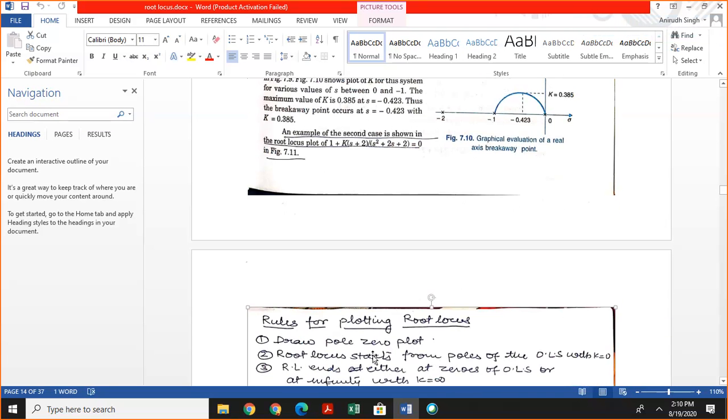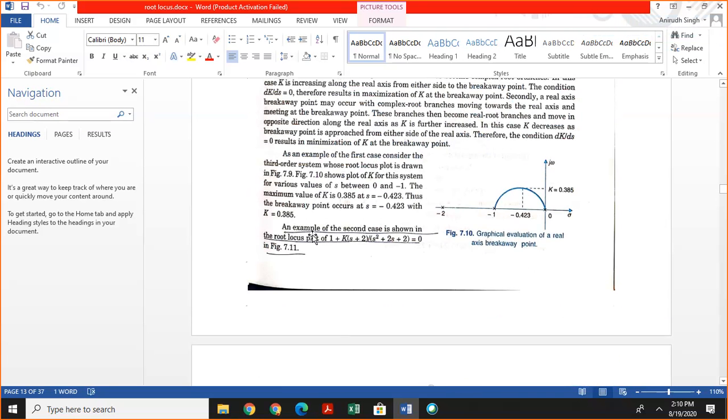First question: plot the root locus of 1 plus k (s plus 2) divided by (s square plus 2s plus 2) equal to 0.